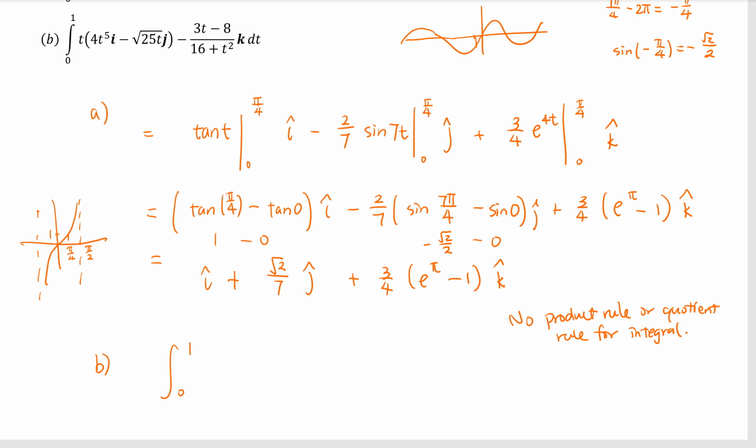Which means if you see a product or quotient, there could be some way you can simplify to express it as a sum or difference. Then we can integrate. Or we learn something that can help us solve the integral of certain products.